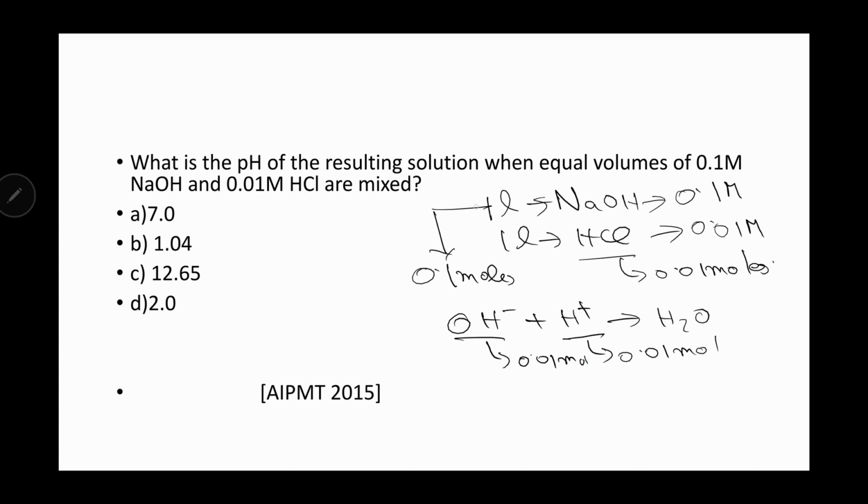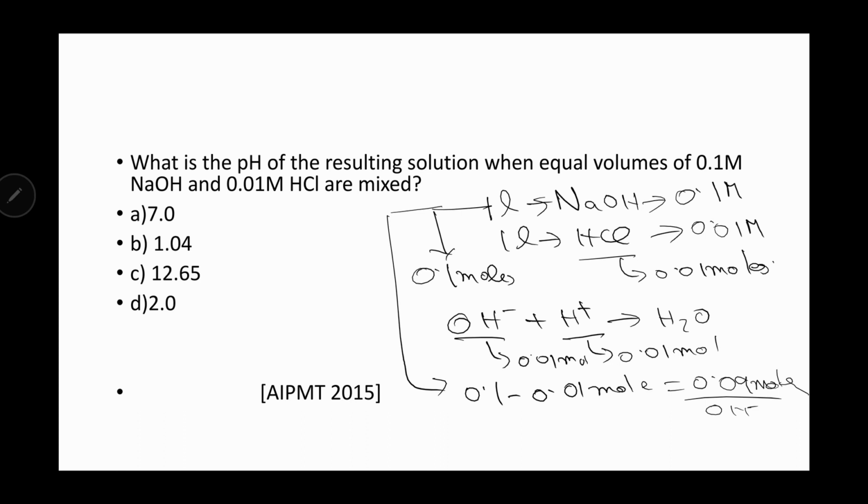So in the NaOH solution, we will have 0.1 minus 0.01 mole of OH minus left, that is 0.09 moles of OH minus will be left in the solution. Now there is one thing to note here very cleverly, or else you will get the sum wrong.